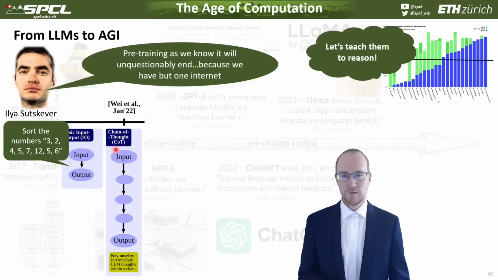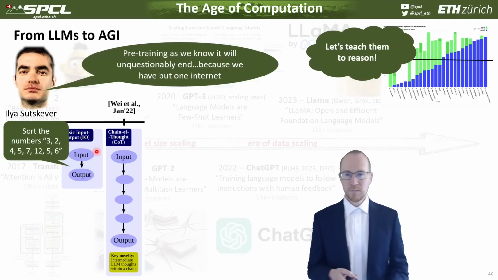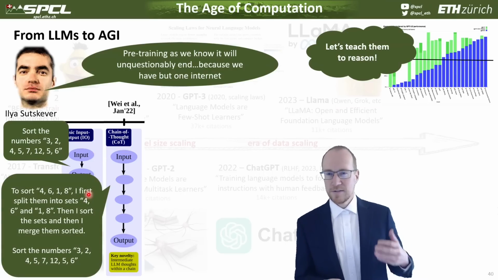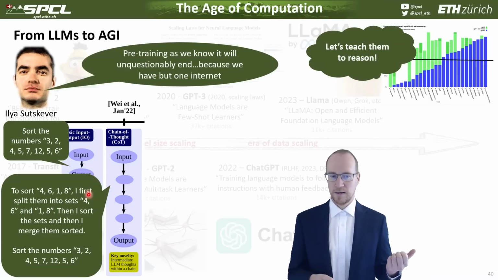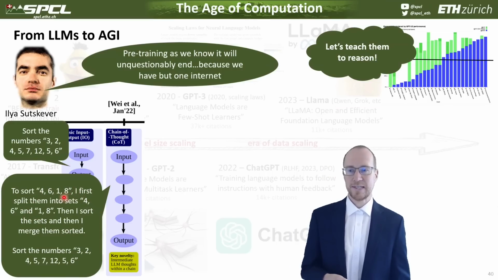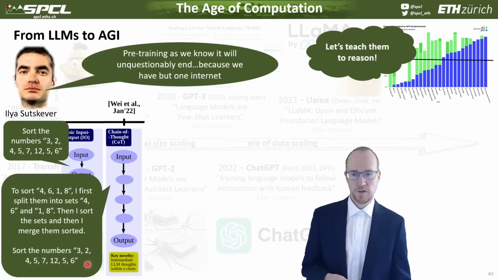There was one interesting breakthrough in 2022, which is called chain of thought. That was quite fundamental. Somewhat aligned with the few-shot learner experience, you could give the model an example. To sort another sequence, you tell it how to sort it, and then you give it the original task.